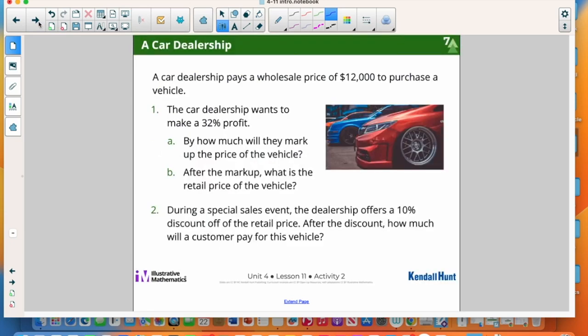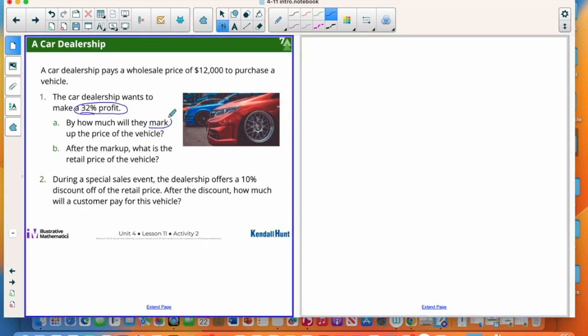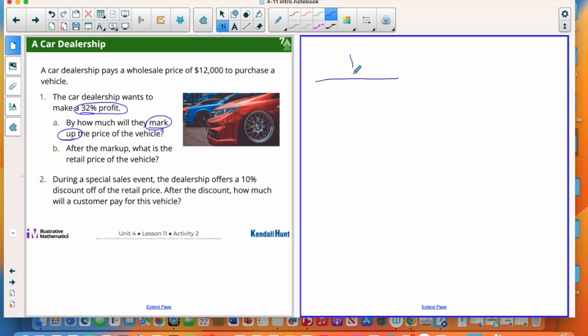So we're buying a new car, and the car dealership's wholesale price was $12,000 to purchase the vehicle. They want to make a 32% profit. So we're going to look at these questions and find out how much the car dealership has to mark up the price. And so we have our wholesale.